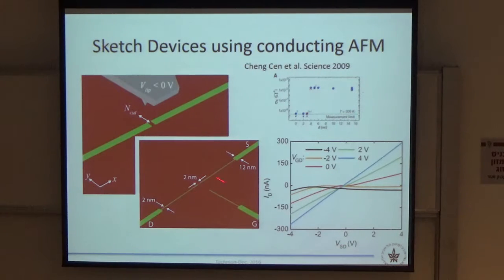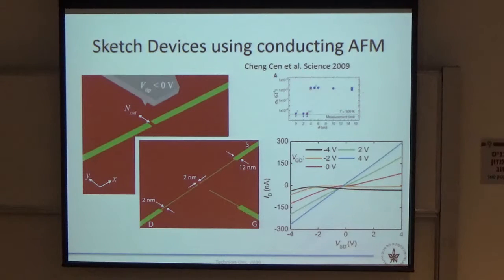Here they wrote a sketch FET, a field effect transistor. This is the gate, and this is source and drain, and they can apply the gate from here and therefore induce conductivity in this small part, which is not connected. These are the characteristics of this device.